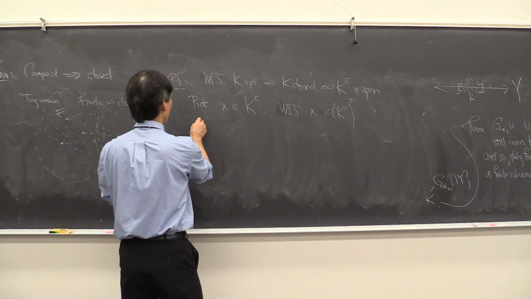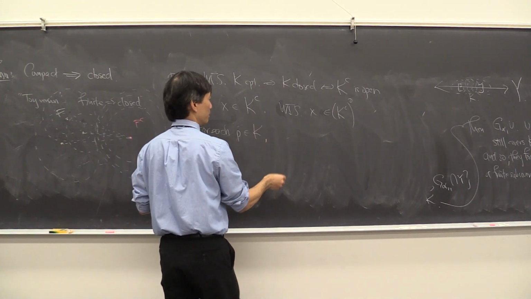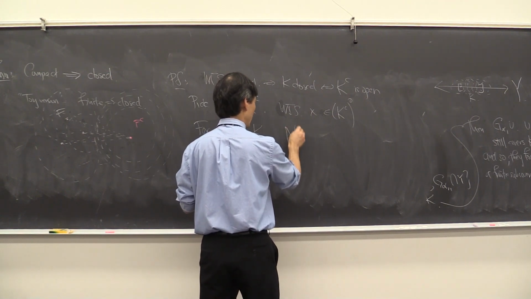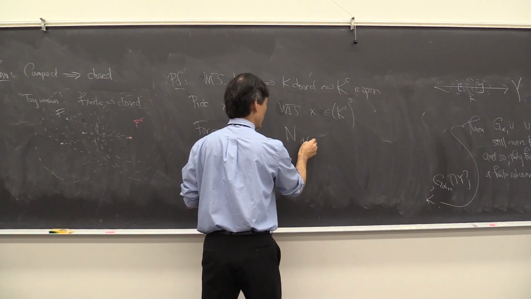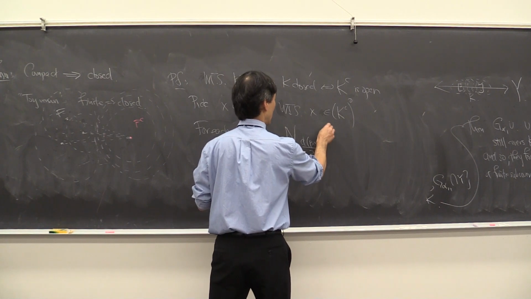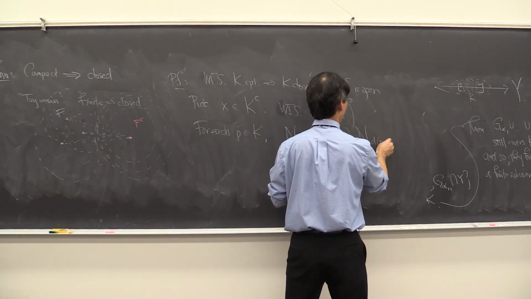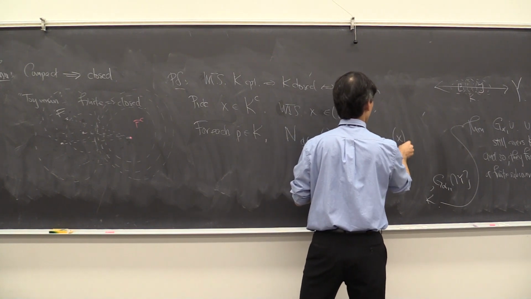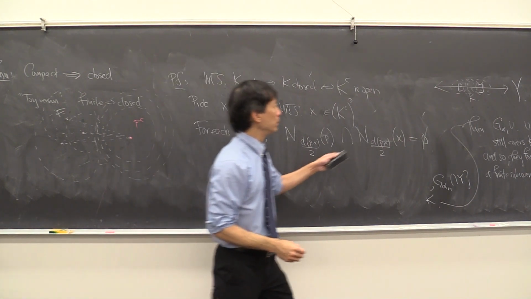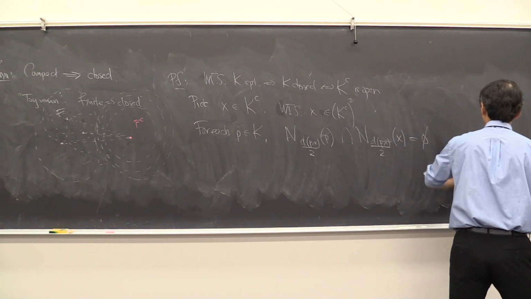So what you do is you say for each point P in K, we know that there exists a neighborhood of radius the distance from P to X over 2 around P, and the neighborhood of that half radius around X, whose intersection is empty. So take the neighborhood that's half the distance between those 2 points.